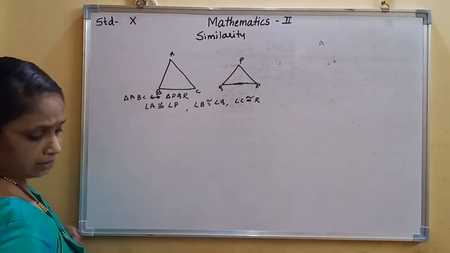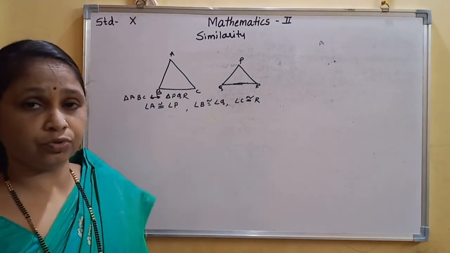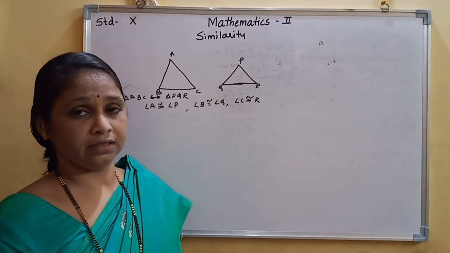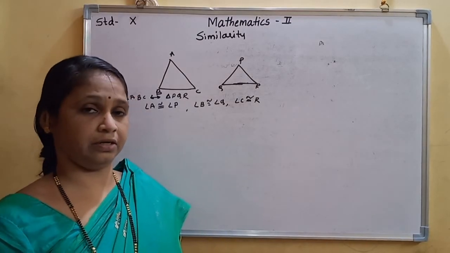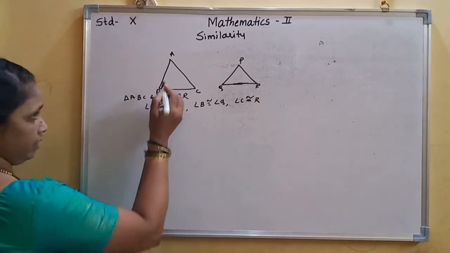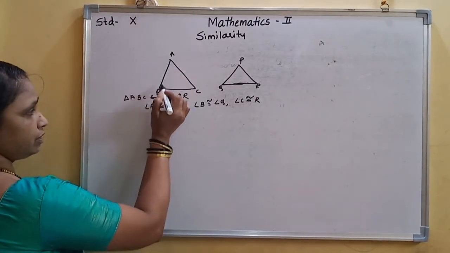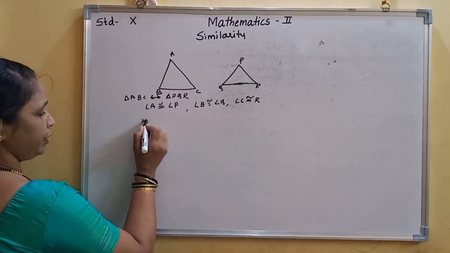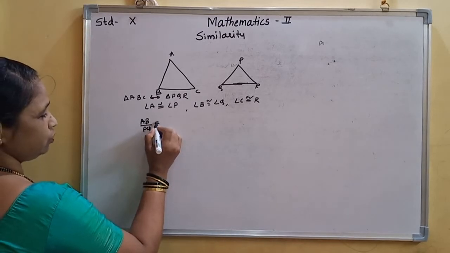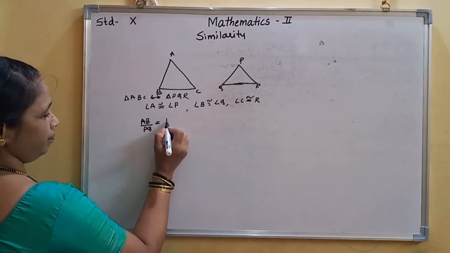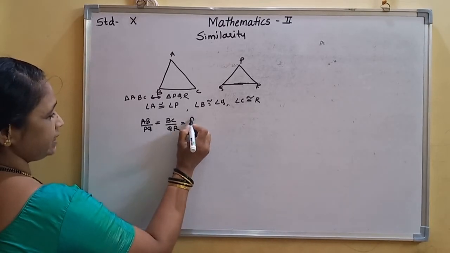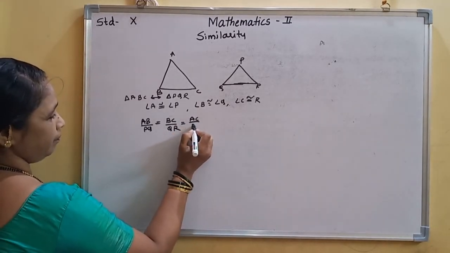In the same way, if the ratios of its sides are equal, then we can say the two triangles are similar. The ratio of corresponding sides means AB upon PQ is equal to BC upon QR is equal to AC upon PR.